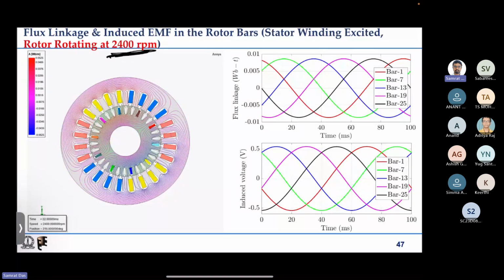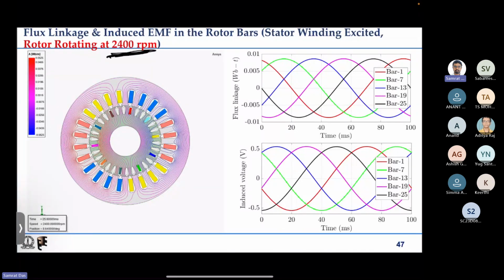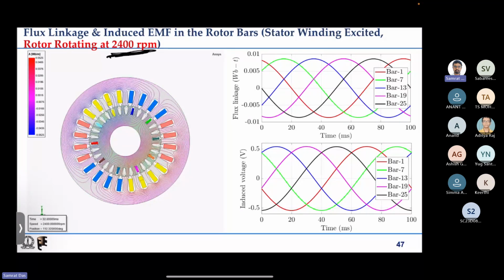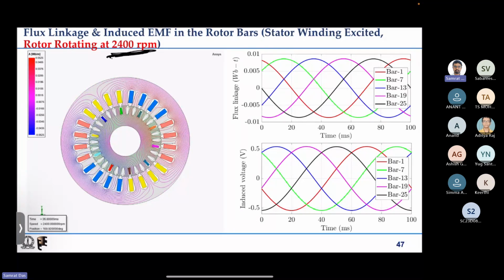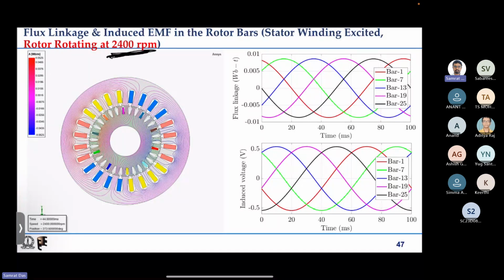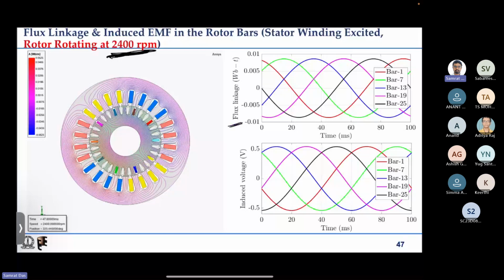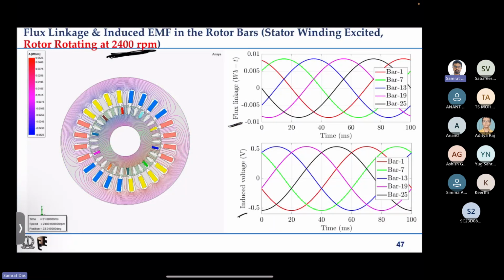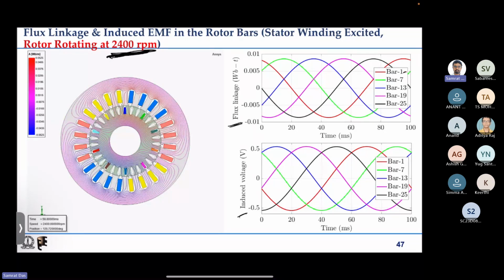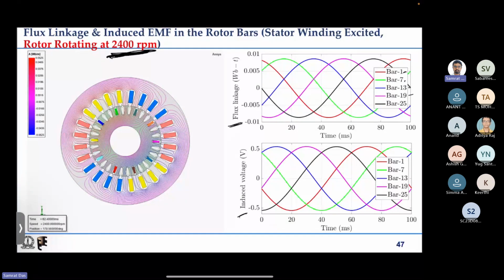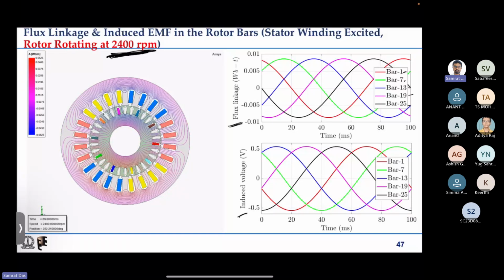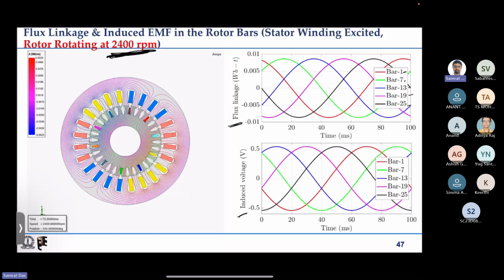It can be zero speed also, but because we have seen that zero speed or any speed leads to the same phenomena, it is better to look at the rotating condition. So I have plotted the flux linkage and induced EMF for bar 1, bar 7, bar 13, bar 19 and bar 25.